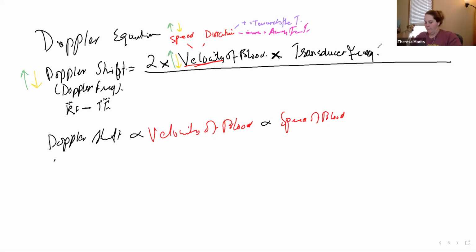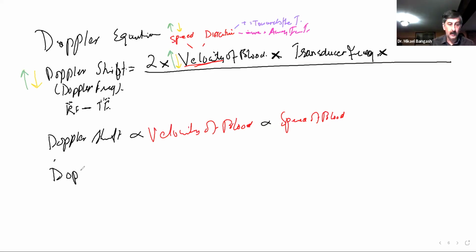Okay. And ladies and gentlemen, since you see this here as the numerator of your equation, what can we say it's going to be? It's also going to be directly proportional to your Doppler shift.